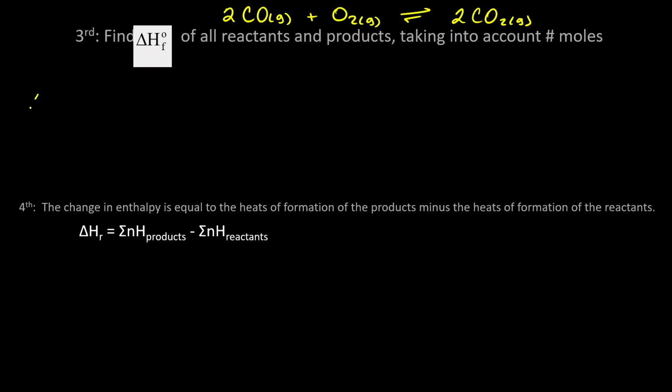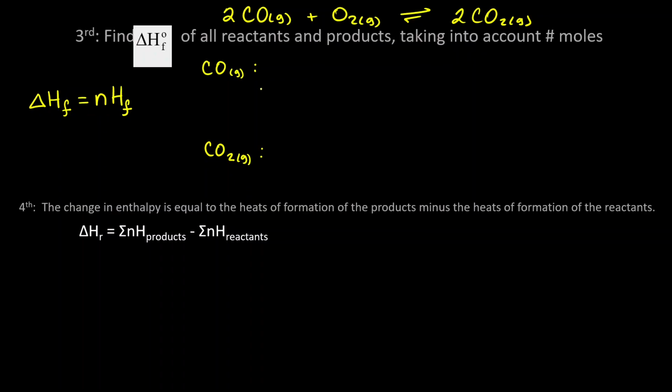So really what this means is that we're going to find the delta H of formation using delta H equals nH. And both of those H's get the subscript f for formation. Now I'm only going to write the formula down once because I'm quite lazy. That's totally fine to do. And then for each one of these, I'm going to just do this.